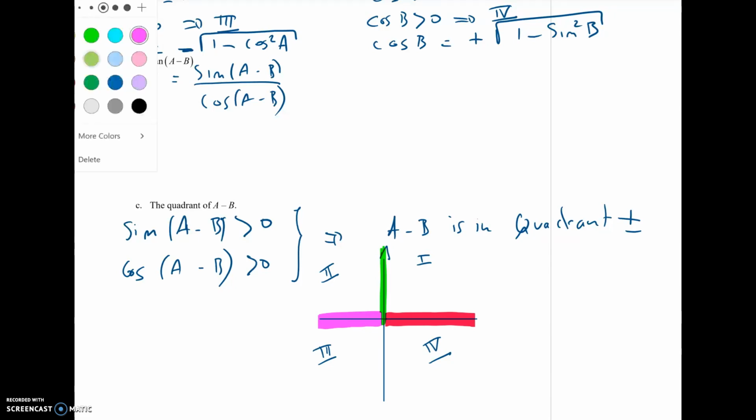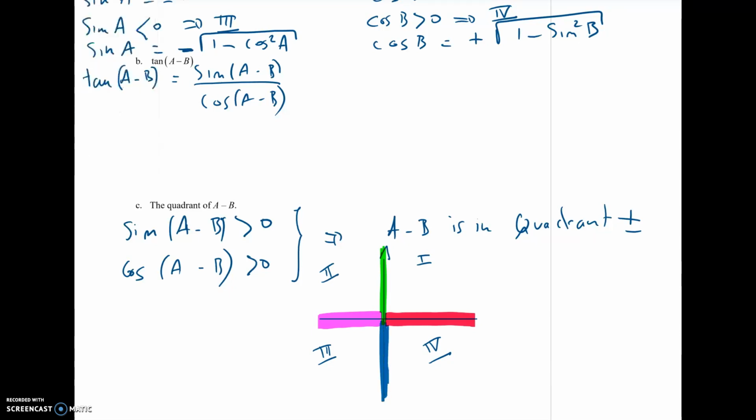And finally, let me take another color. Let me take the blue. Right here we have the sine negative. So in blue we have the sine negative. In red we have the cosine of an angle positive.